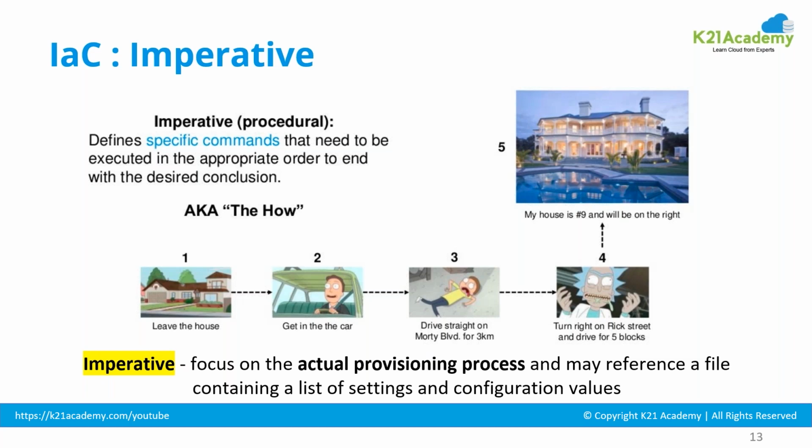That means you are going to give the specific commands and steps for how you are going to reach the destination. That is the procedural one, which focuses on the actual process, how the provisioning works and how you are going to reach the destination. That is what imperative means.